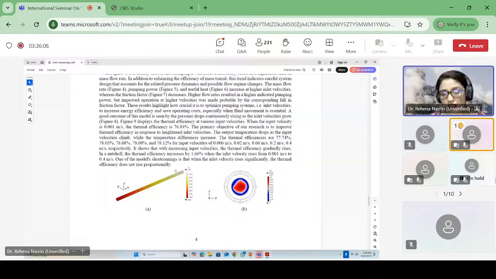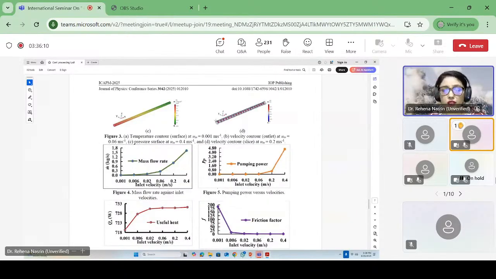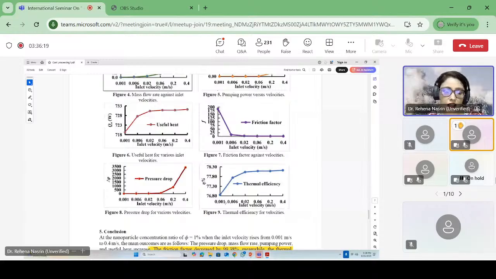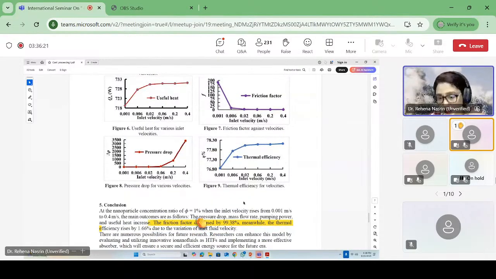This is the 3-dimensional analysis. Here we show the 2D view of the result. This is the 3D view. Sometimes we show the 2D view to visualize more. So this is a 3-dimensional analysis. And finally, the thermal efficiency improved.